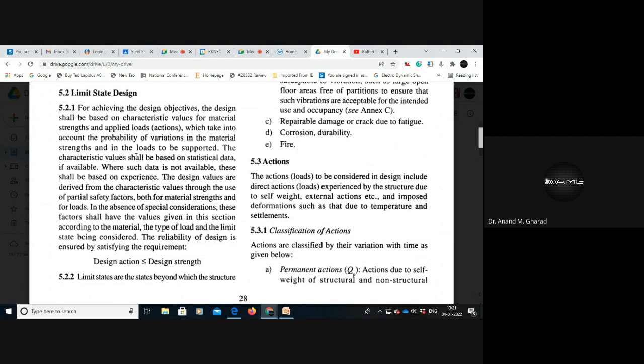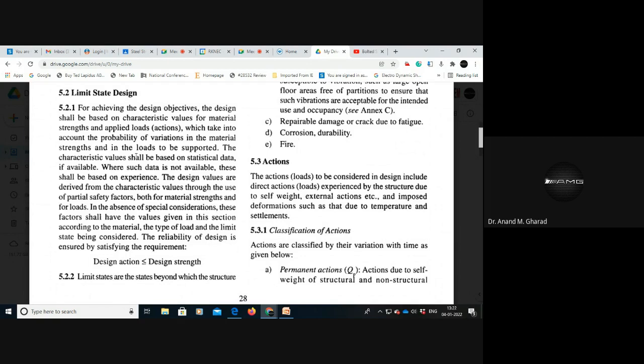Even if we consider steel and prepare an I cross section for steel, no two cross sections, although they are of the same length and same dimensions.